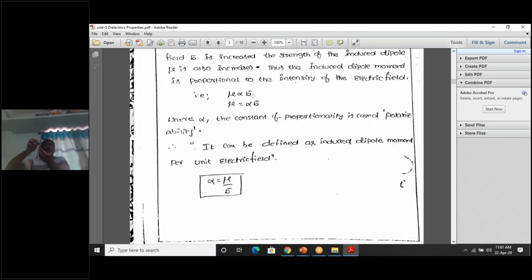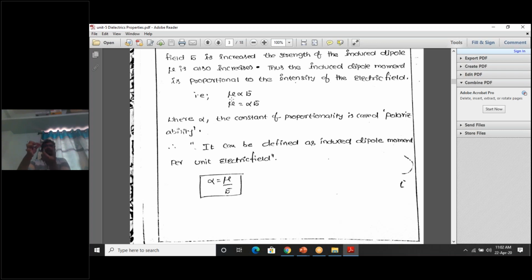As plus charge and minus charge got separated by more distance, what happens? Mu increases. What is mu? Mu is equal to Q into dl. Q does not change.